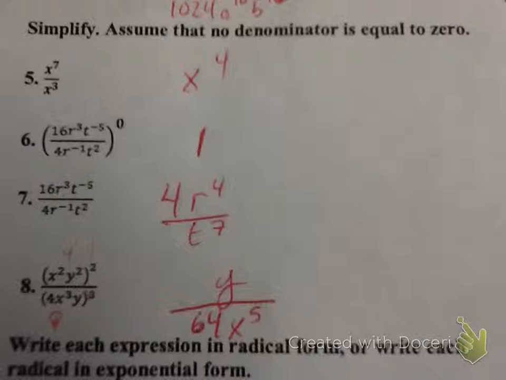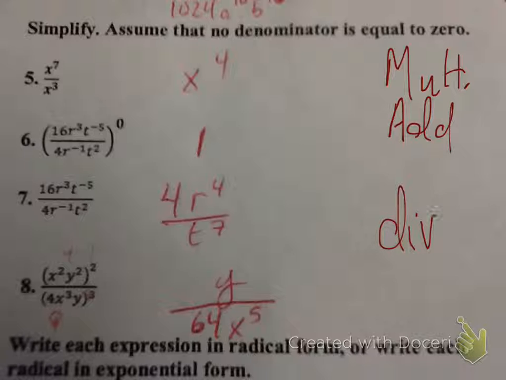Okay, so how does MatMan help us here? Well, if when you multiply, you add, then you should be able to think opposite. When you divide, you subtract the exponents. So 7 minus 3 is 4.